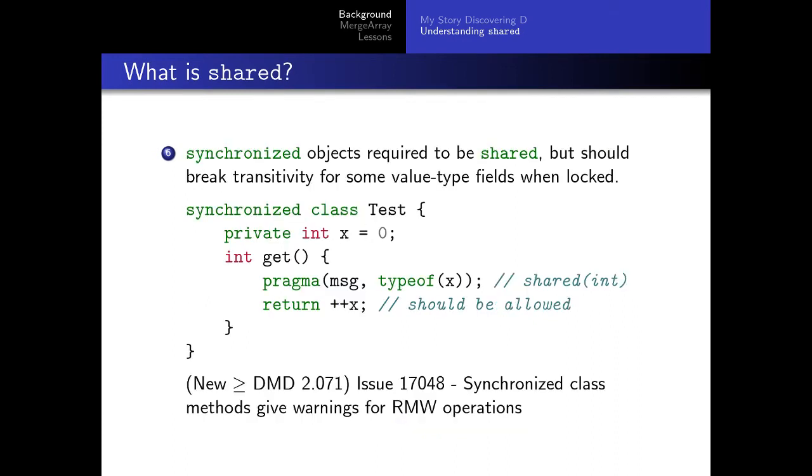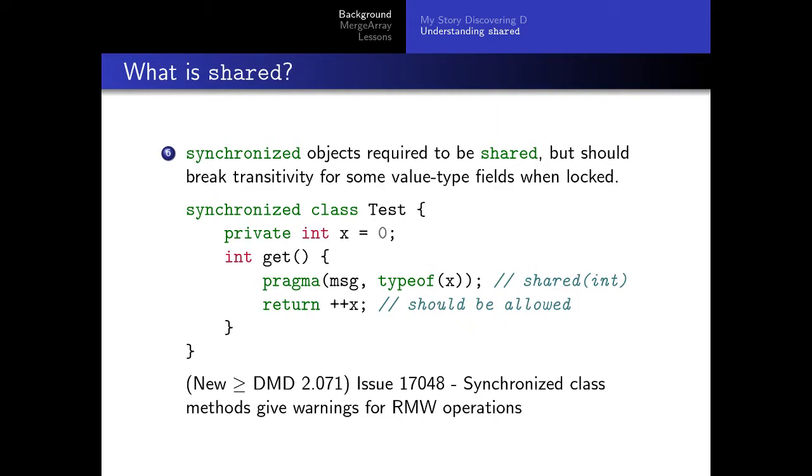So one other interesting thing about shared is synchronized. Synchronized is the feature where every object has some monitor, and synchronized makes it so everything about each object of that class has to be protected by the monitor. So every method that you call implicitly has to lock the monitor when it enters and unlock it when it exits.